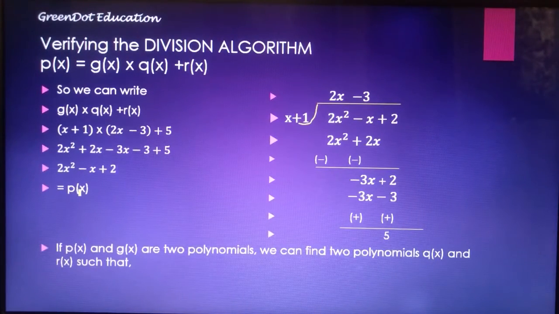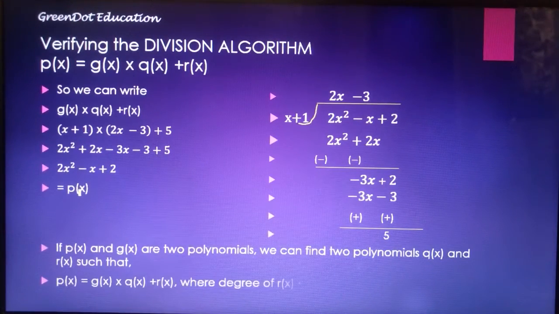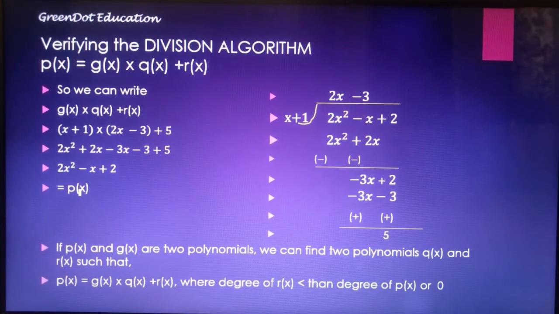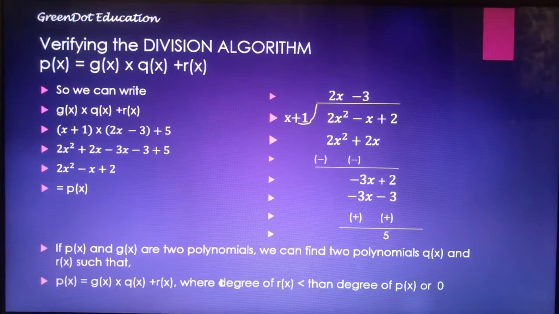Now we can state that if p(x) and g(x) are two polynomials, we can find two other polynomials q(x) and r(x) such that p(x) will be equal to g(x) multiplied by q(x) plus r(x), where the degree of the remainder, mark this point, it is important, the degree of the remainder polynomial should always be less than the degree of the given polynomial, or the remainder polynomial must be equal to 0.